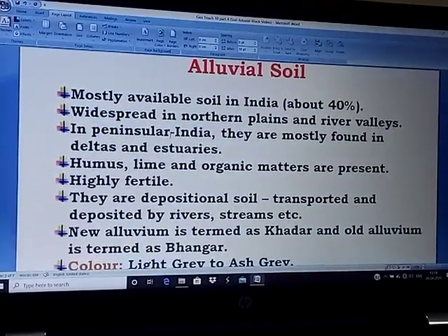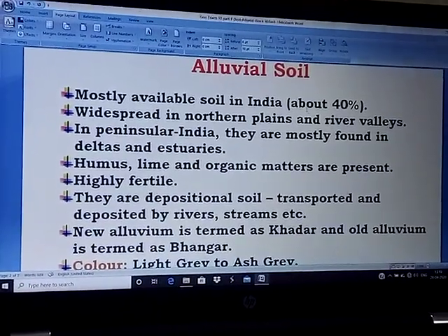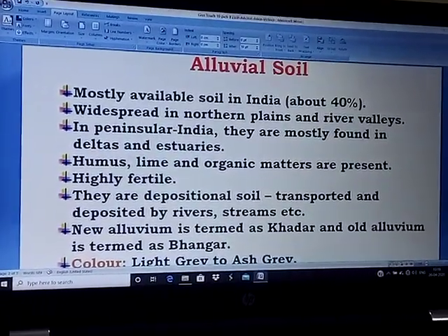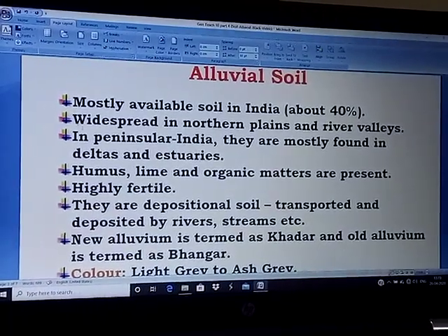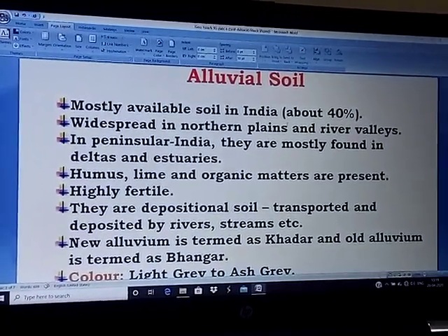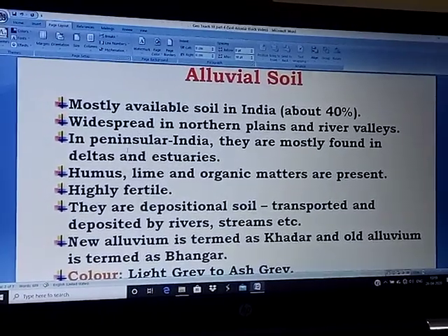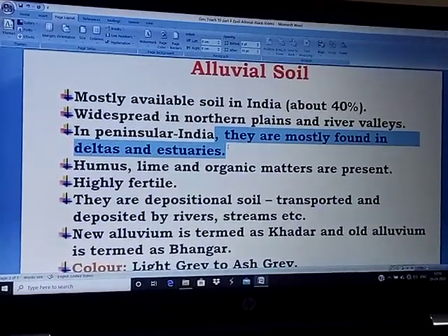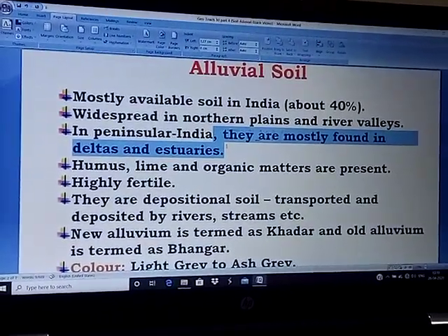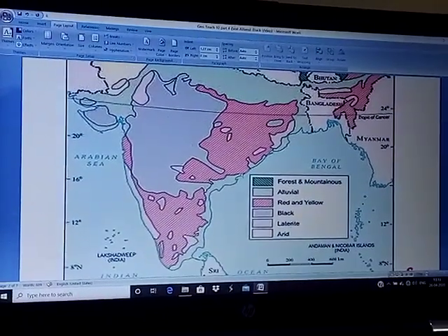Alluvial soil has some unique features. It is the most available soil in India, about 40% of Indian soil comprises alluvial soil. It is widespread in northern plains, mostly found in the northern plains and river valleys. In peninsular India, they are mostly found in the deltas and the estuaries. It means deltas. You have rivers here.